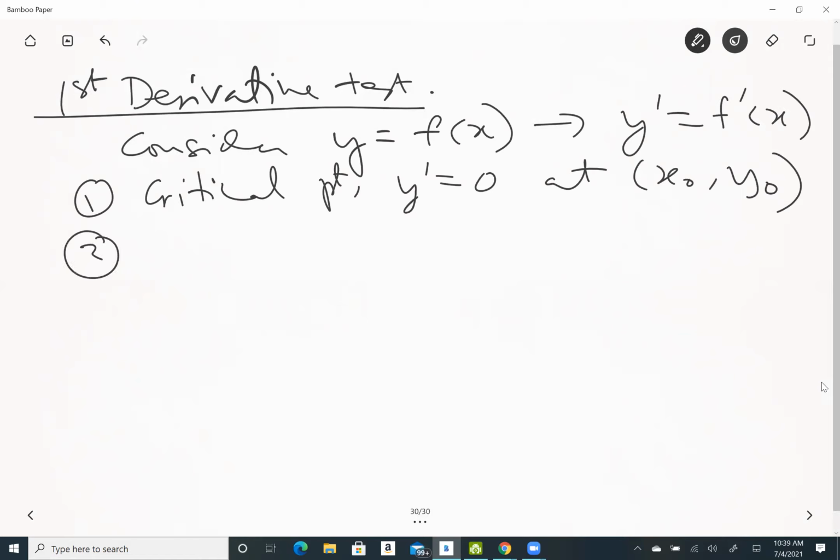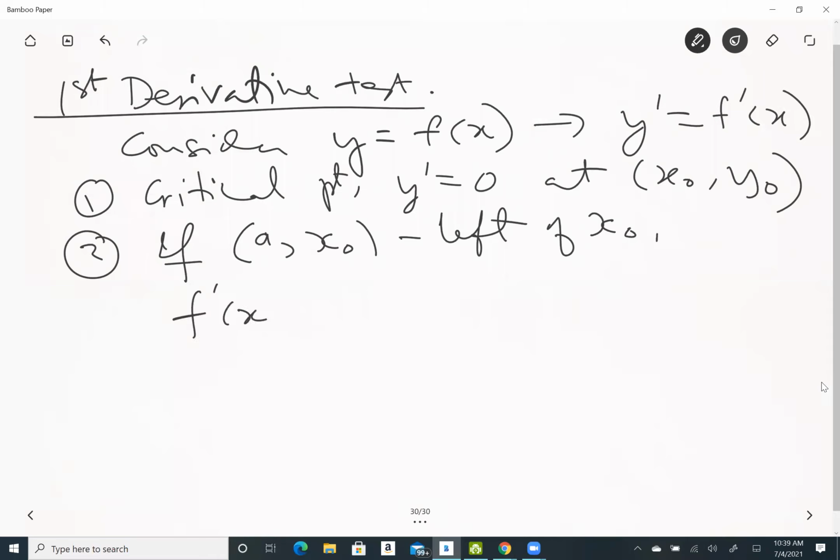Now, consider the interval on the left, from a to x0. If for the interval from a to x0, f prime of x is positive, you know the function is increasing.